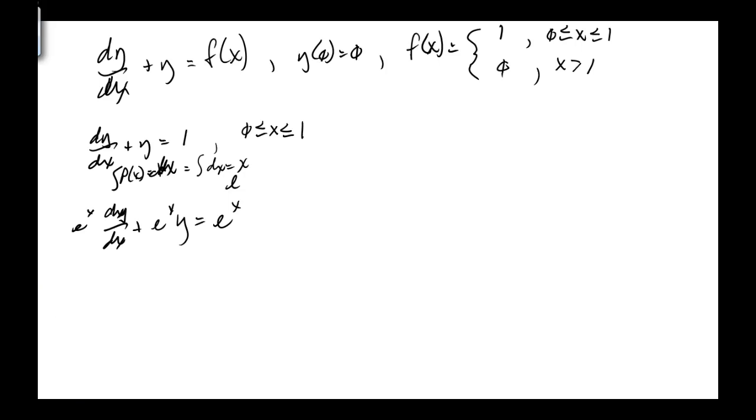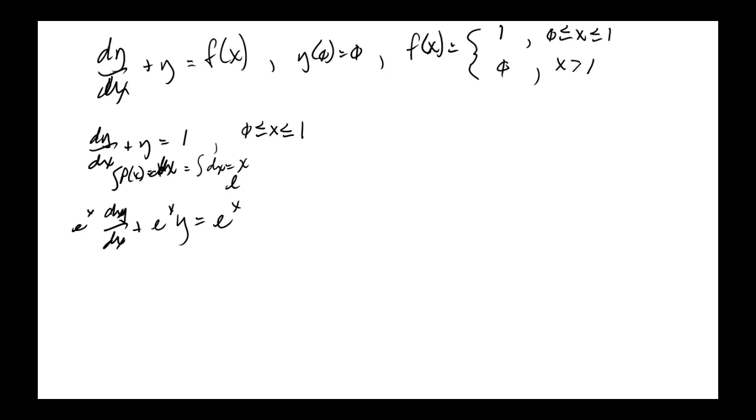So the p of x is 1. You integrate that p of x, the integral of dx is x. Then you raise that to the e. That becomes your integrating factor. That's where I left off. So multiply that by every term in your differential equation: e to the x dy/dx plus e to the x y equals e to the x, because this is when f is equal to 1. Okay?